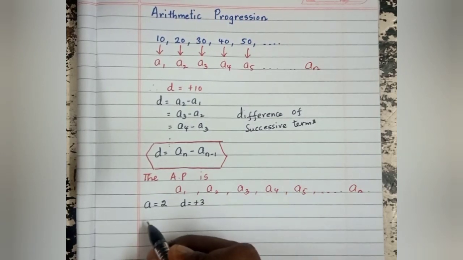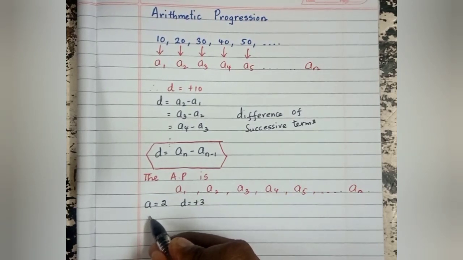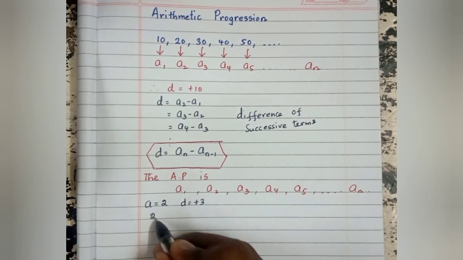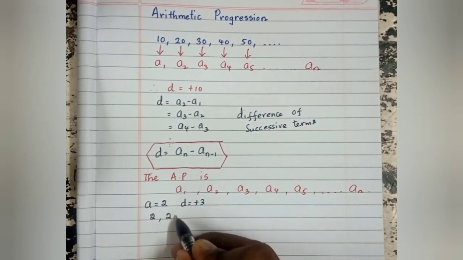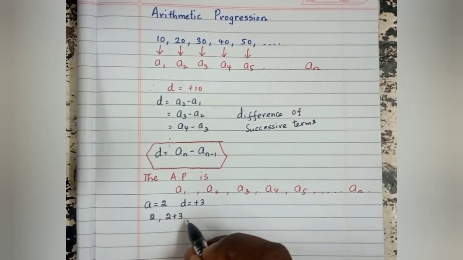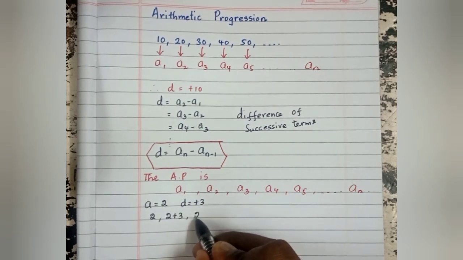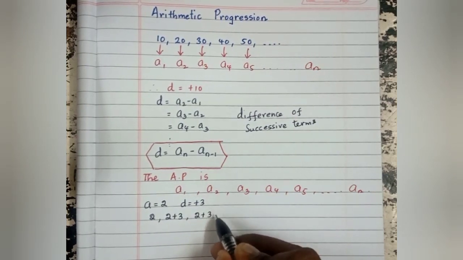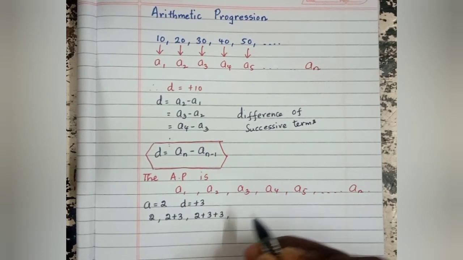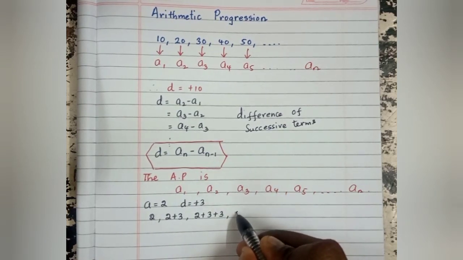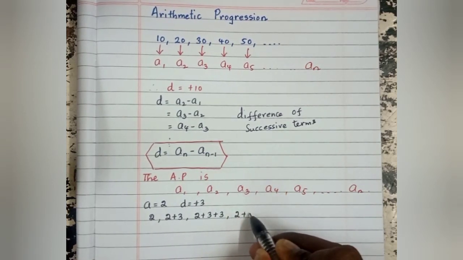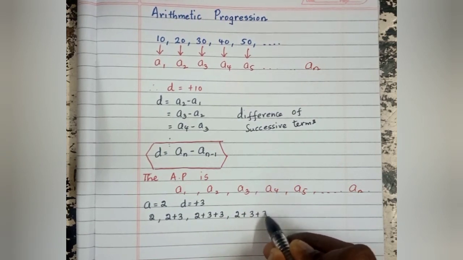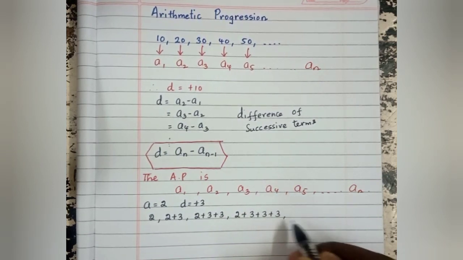Is it possible to form AP? Yes. How? To the first number, I have to add the fixed number, that is 2 plus 3. Then again what should I do? I should add the fixed number again, that is common difference. Again 2 plus 3 plus 3 plus 3.